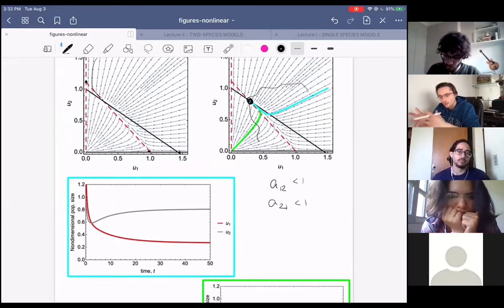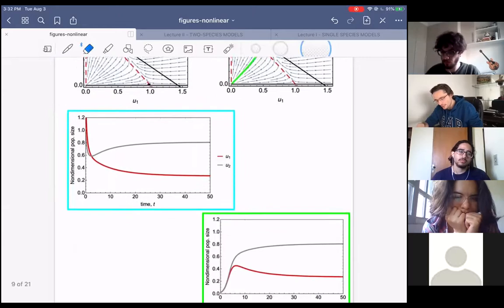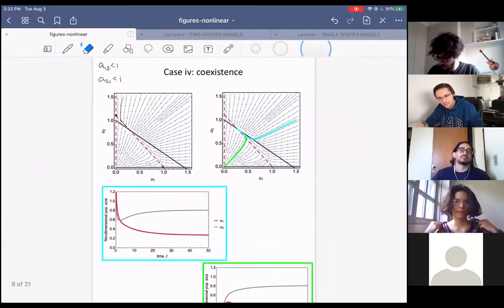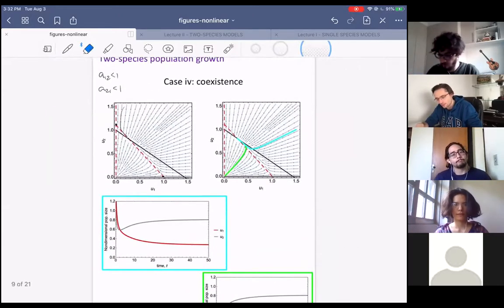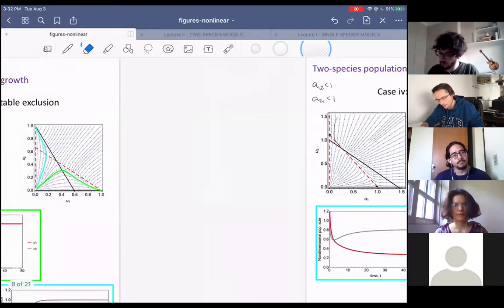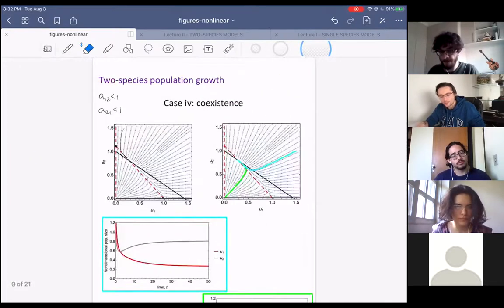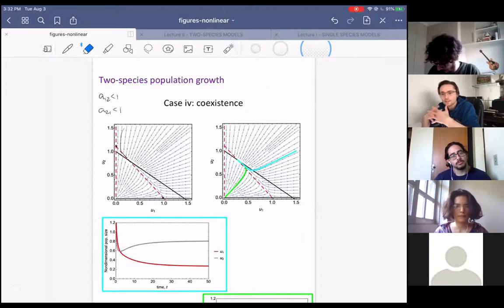Okay? So what is the take-home message from all this analysis? The take-home message is that if I want to get coexistence, which is the experimental result that Gauss found in his experiments here, I need my species to interact between them in a way that they inhibit their own growth more strongly than the growth of their partners.